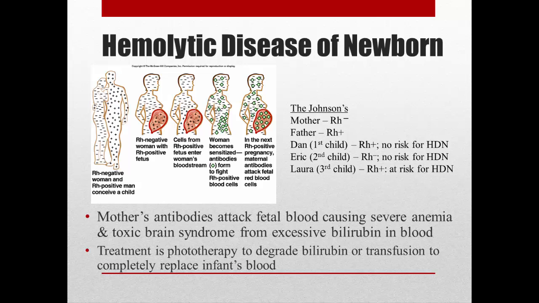So that means some of Dan's Rh positive antigens got into mom. That means she makes antibodies, and that's what the diamonds represent here, the Rh antibodies. So now she's been sensitized, they call it. She's been exposed to Rh positive blood, so now she's got Rh antibodies.